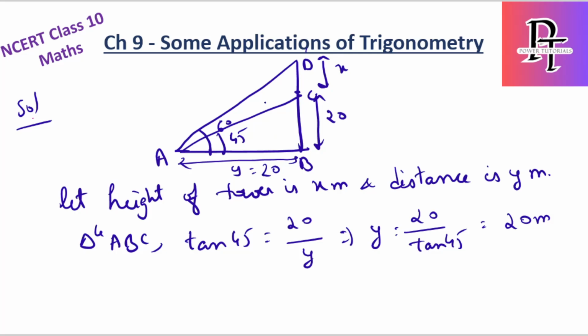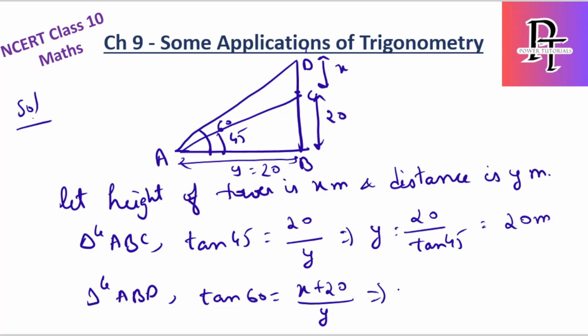So we have to find the x value. So let's take the big triangle now, which is triangle ABD. In triangle ABD, the angle is 60, so tan 60 is opposite, which is total, x plus 20, by adjacent side y. So tan 60 is root 3. Root 3 is equal to x plus 20 by y. The y value we got is 20.